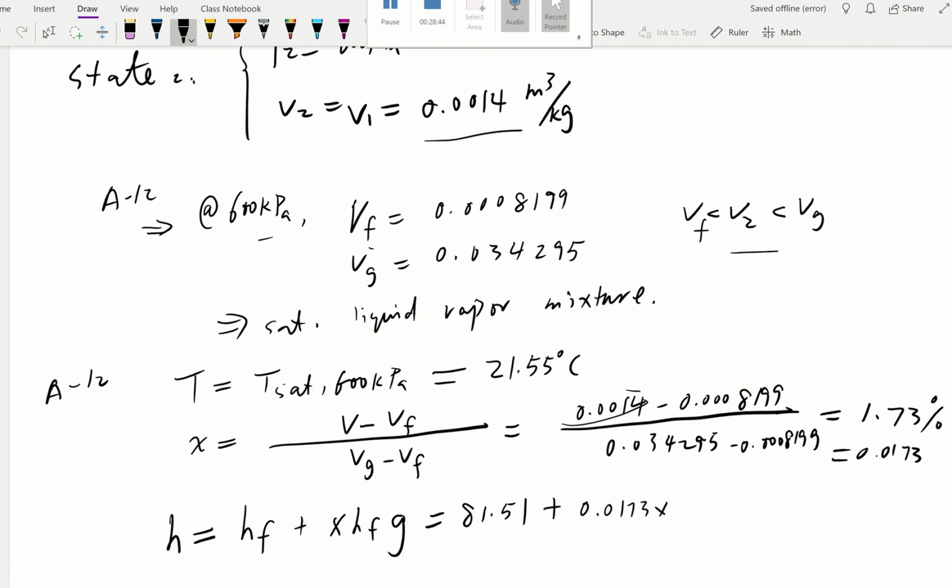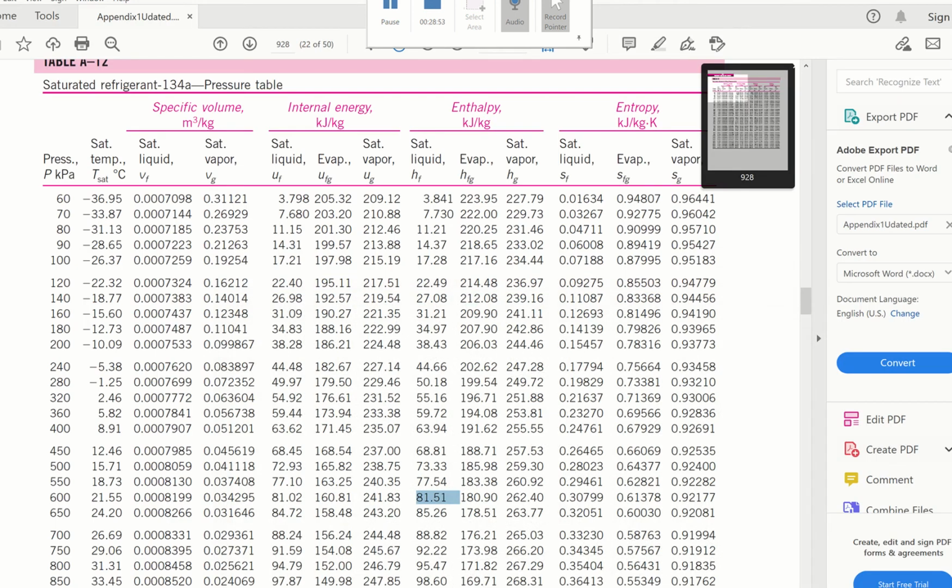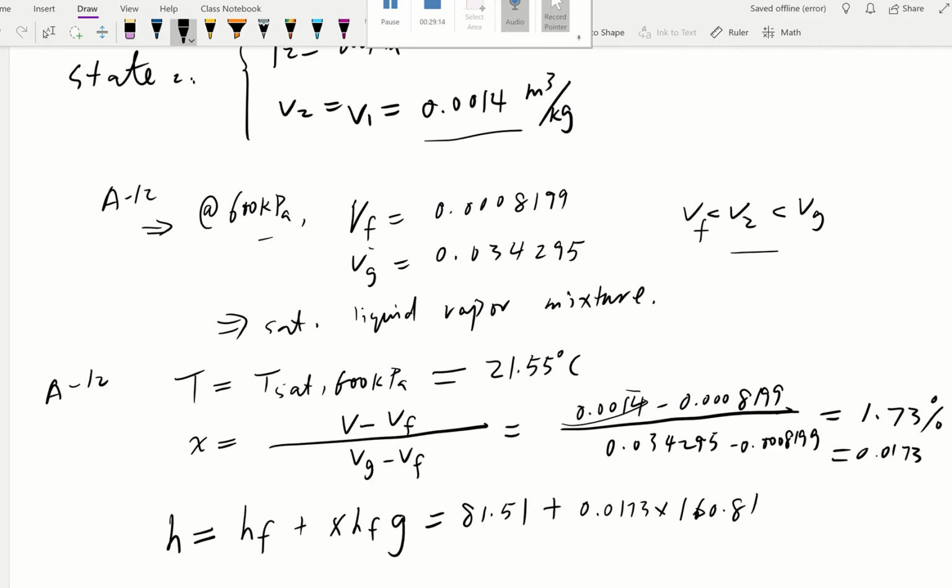And you go to the table, you can find our HFG, which is 160.81. That's from this one here, right? Oh, yeah, I actually got it wrong. It's 180.90. Glad we checked here.